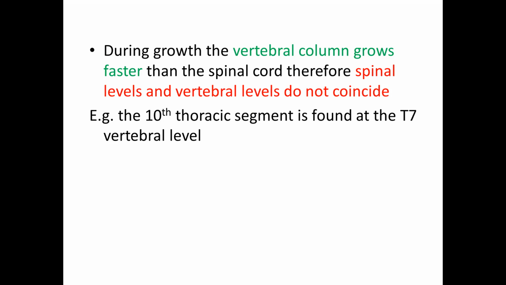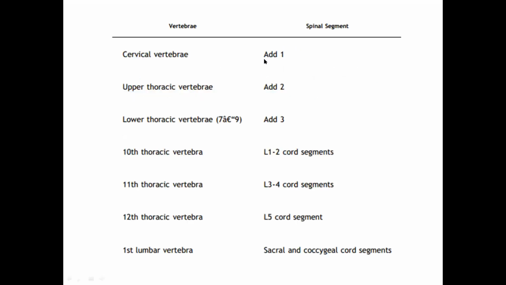That is because the spinal cord is shorter than the vertebral column. So if you really look at the different ones, what they say is cervical vertebral level, add 1 to find the spinal segment. Thoracic vertebral level, add 2. Lower thoracic, add 3. Like that, you can find the spinal segment by this method.